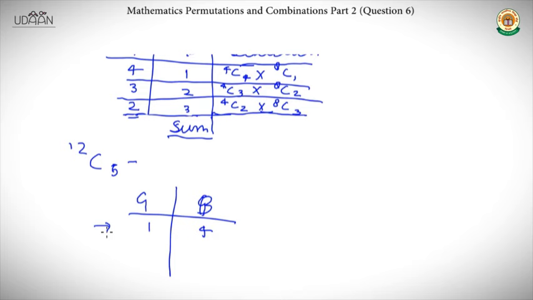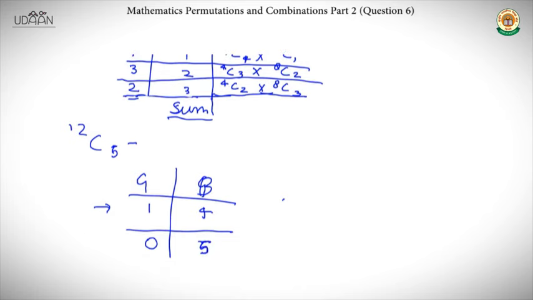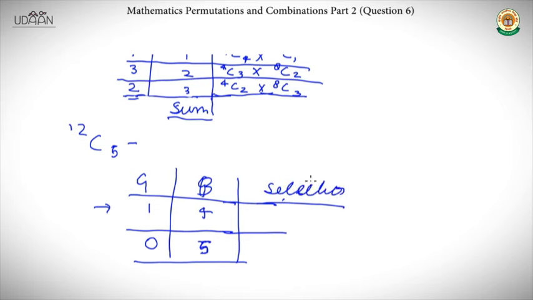So this case has to be subtracted. The second case is when you have 0 girls and 5 boys. These two cases have to be subtracted, because you have a constraint that at least 2 girls are needed. The number of ways for the selection of this case is, we have to select 1 girl from 4 girls, so 4C1, and 4 boys from 8 boys, that's 8C4.